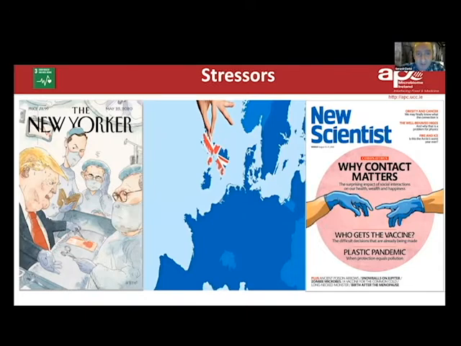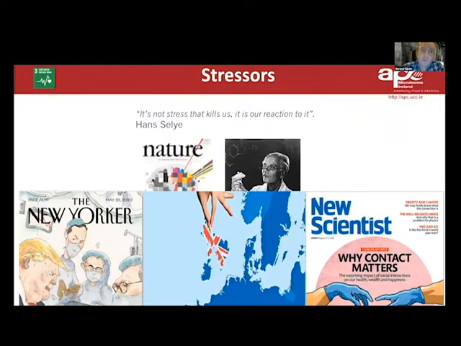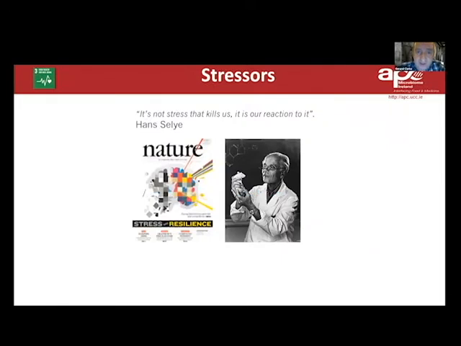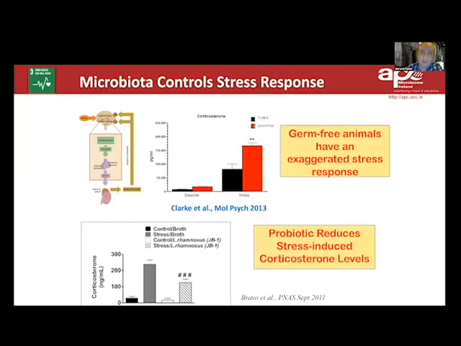We're still, even though it's fallen off the radar a little bit now, dealing with Brexit. We know as well that the current COVID-19 situation is a very stressful time. But I suppose it's not the stress that kills us, it's the reaction to it. And at least from a physiological perspective, the microbiota has a big role to play in controlling the stress response.